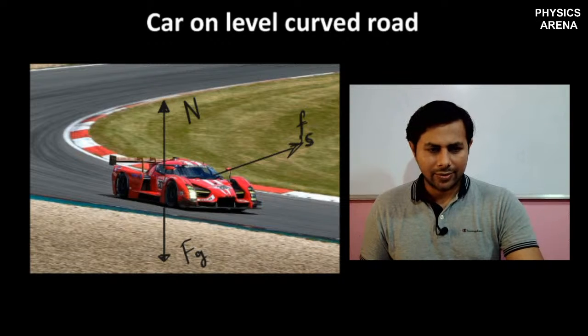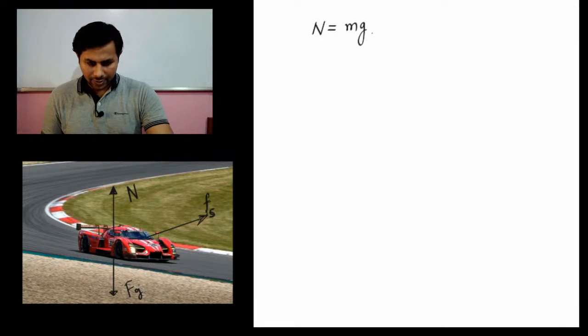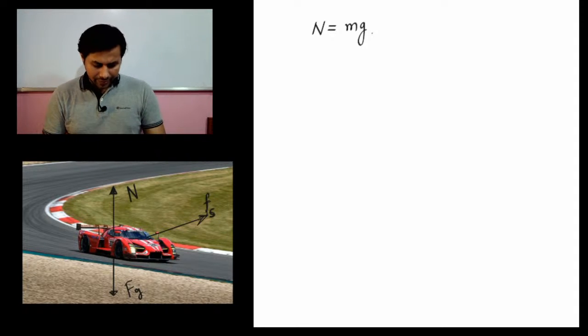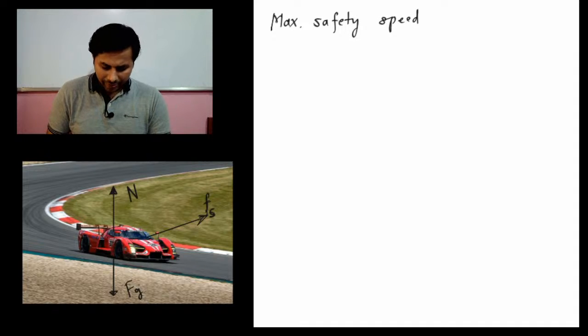Good. So now let's calculate the velocity with which this car can take a safe turn. The maximum safe speed for this car on a level curved road.